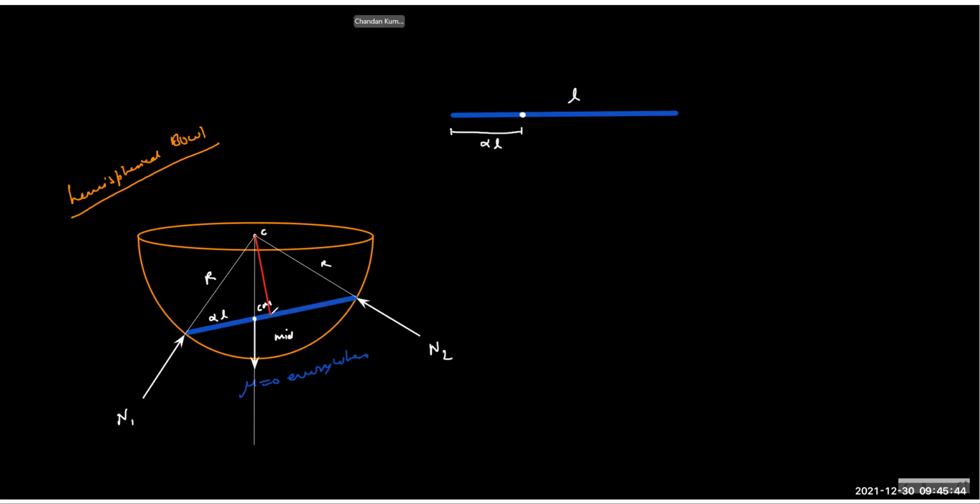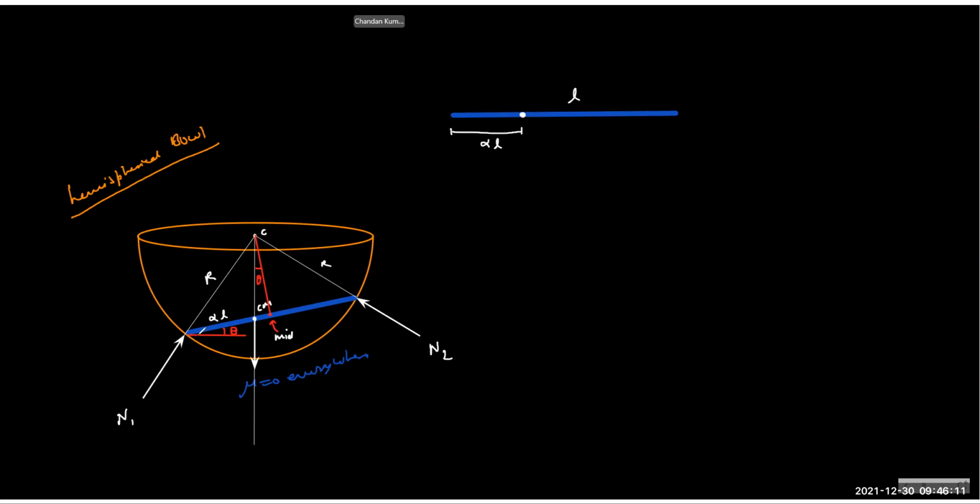So this is the midpoint. And if I draw a horizontal line, my question was, what is this angle theta? It turns out this theta is exactly the same as this angle. And you can verify why.